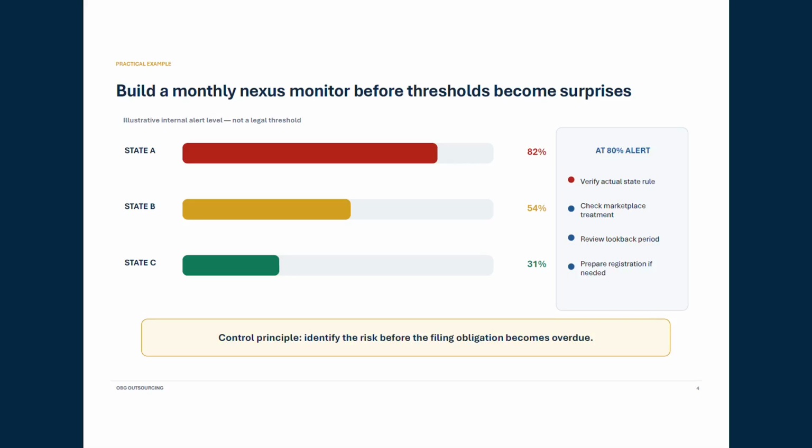At 80%, the finance team can flag the state for review. That creates time to verify the actual state rule, determine whether marketplace sales are included or excluded for that test, review the relevant look-back period, and prepare registration if required. Identify the risk before filing obligations become overdue.